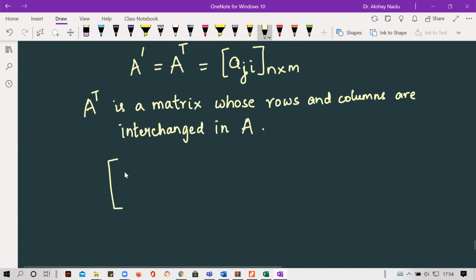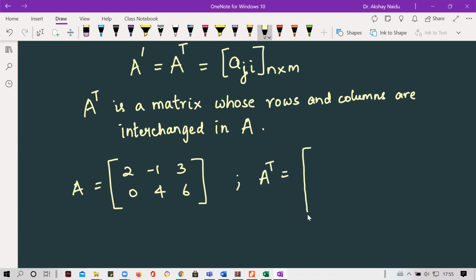So this is 2 minus 1 3, 0 4 6, let us say. This is A. Then what is A transpose? The first row becomes the first column, 2 minus 1 3, and then the second row becomes the second column, 0 4 6. Okay.